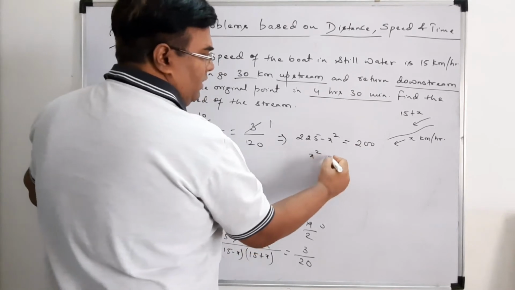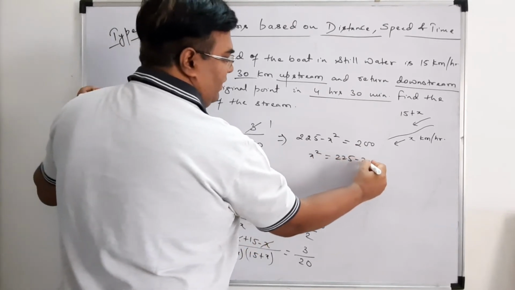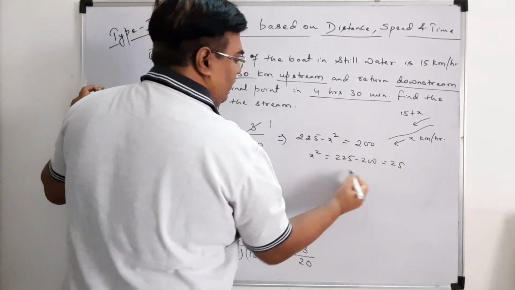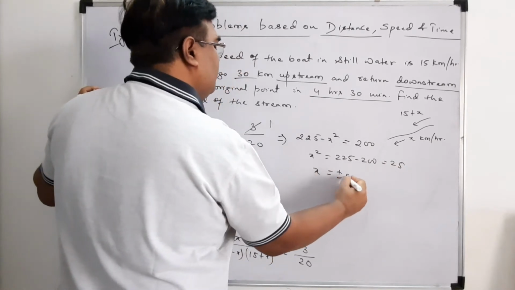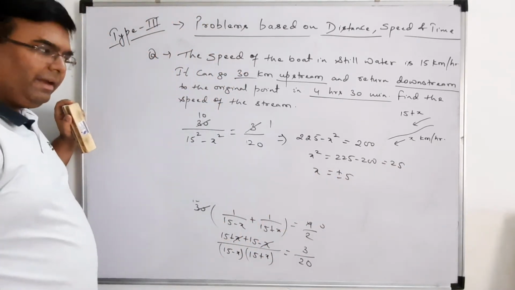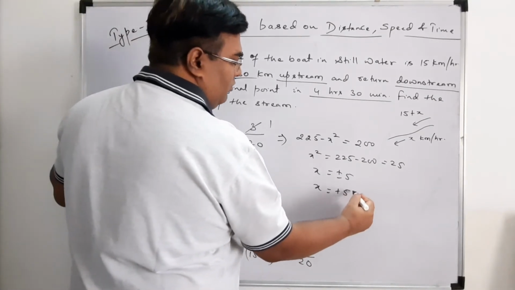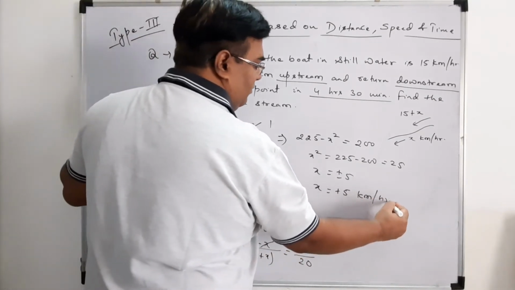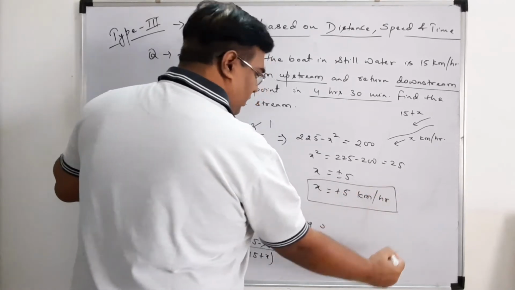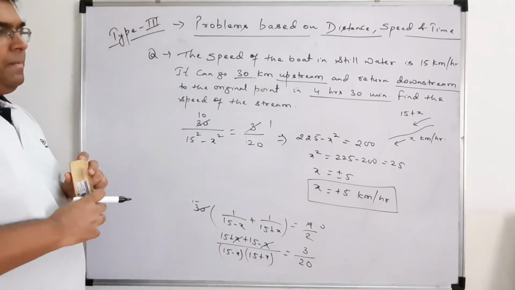So x square is 225 minus 200, which is 25. x is equal to plus minus 5. We cannot take a negative value of speed, so x is equal to plus 5 kilometers per hour.